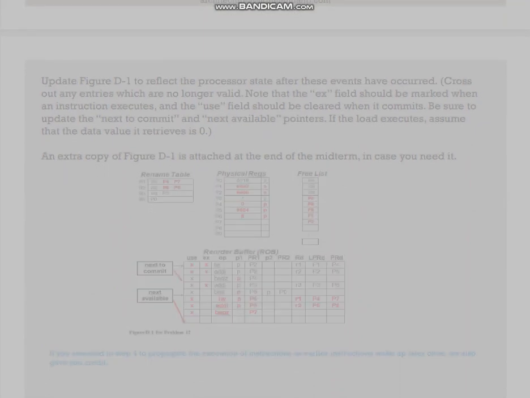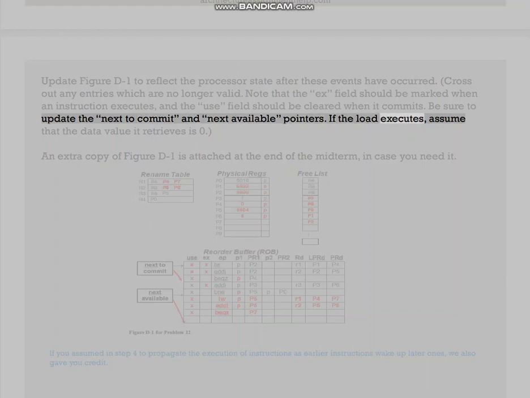Update Figure D1 to reflect the processor state after these events have occurred. Cross out any entries which are no longer valid. Note that the X field should be marked when an instruction executes, and the use field should be cleared when it commits. Be sure to update the next to commit and next available pointers.